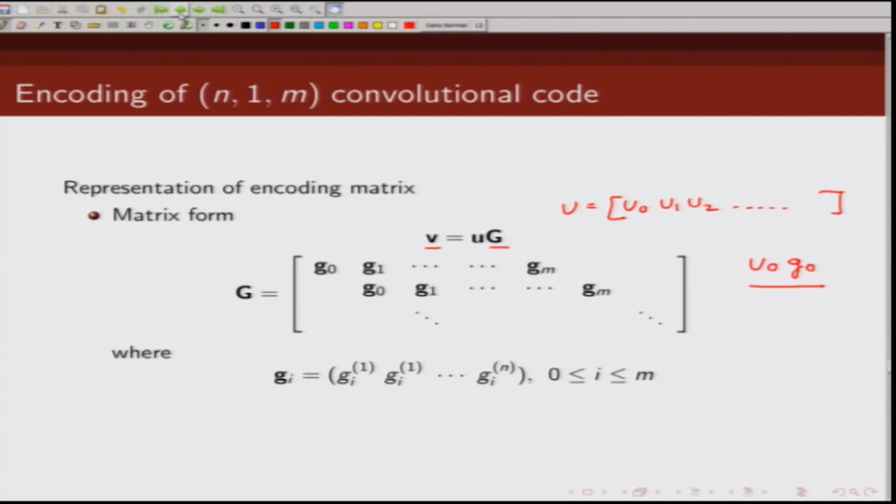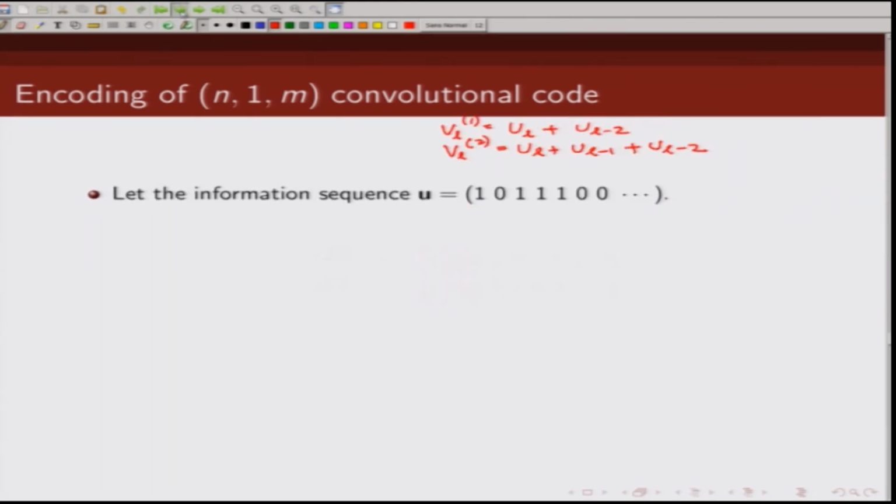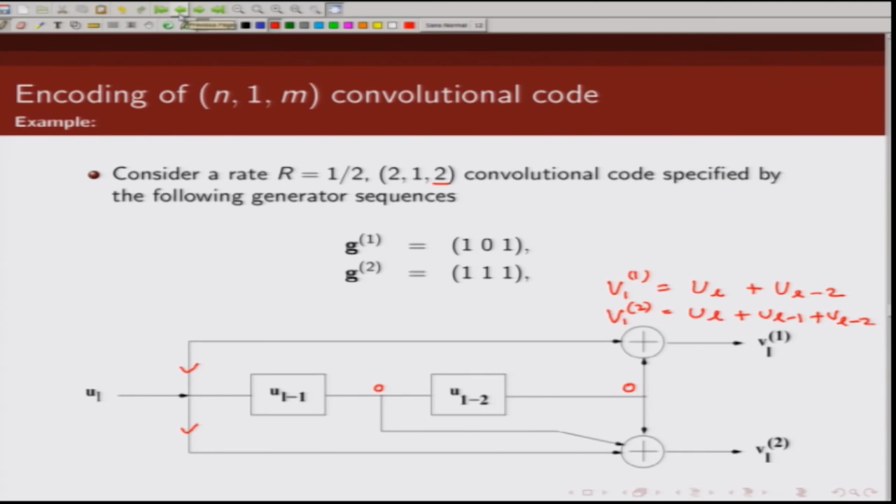What is the output that you will get in the second time instance? Now, whatever U0 you had has moved here, and a new bit, U1, has come here. So, what is the output at this time? It is U1 times G0 plus U0 times G1.